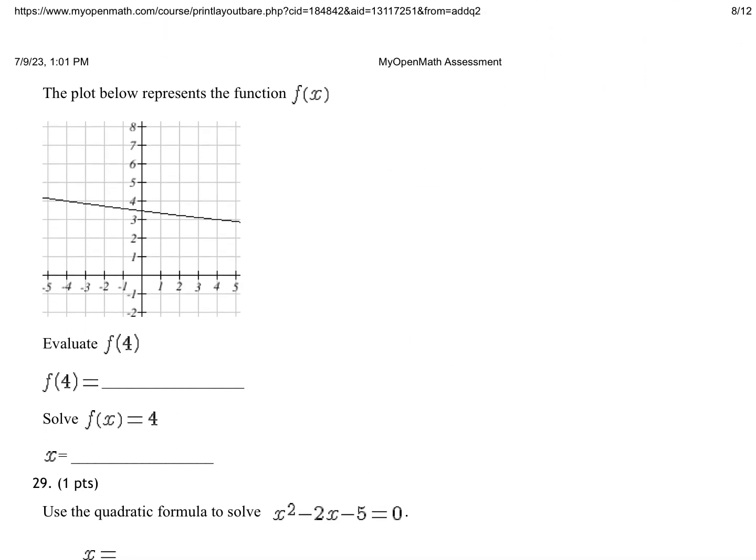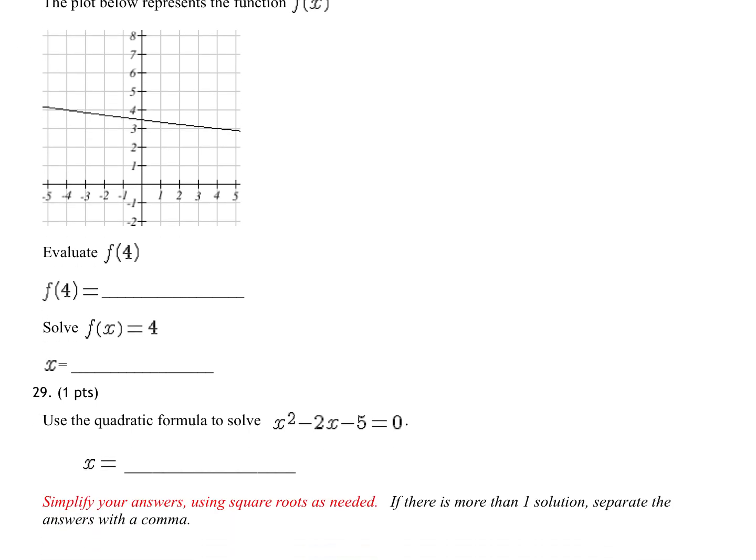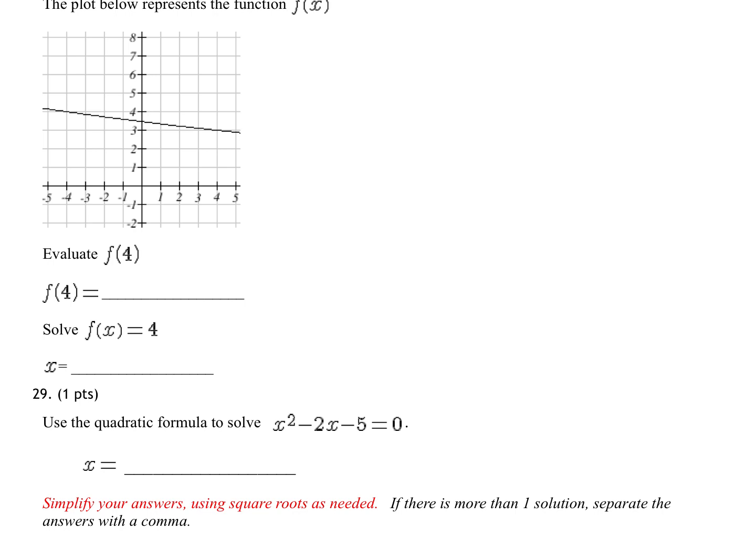Okay, the next one. The plot below represents the function f of x. Evaluate f of 4, and then solve f of x equals 4. Each of these, this is the x value. Remember, normally it looks like f of x. So it's giving you the x, and it wants you to find the y. So if x is 4, I'm going to go up and see what y value is associated with that.